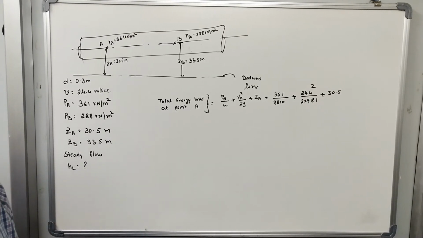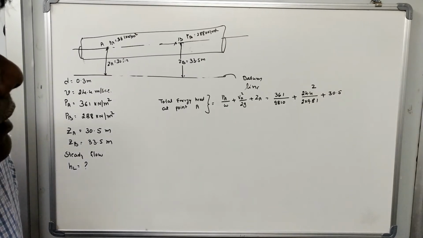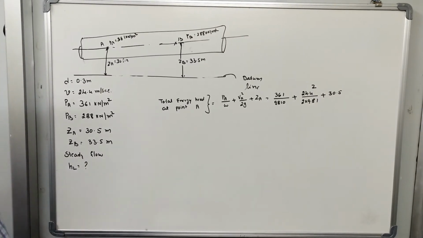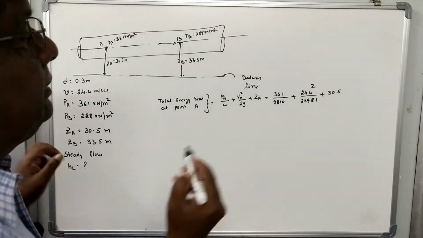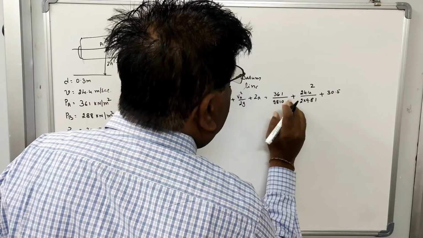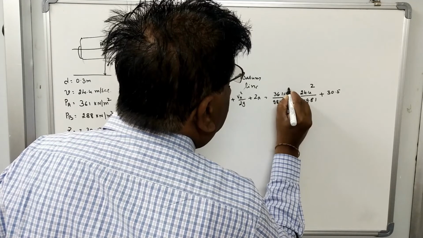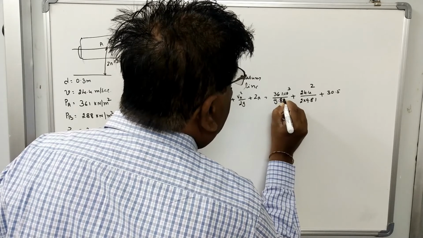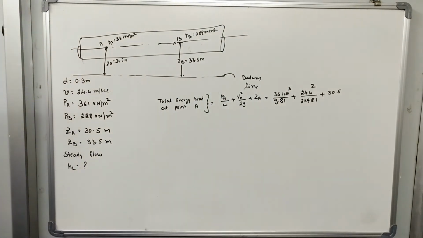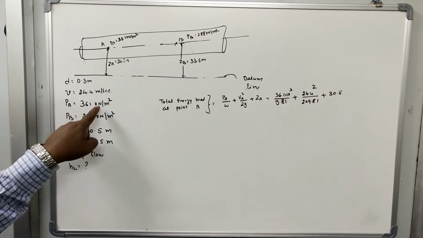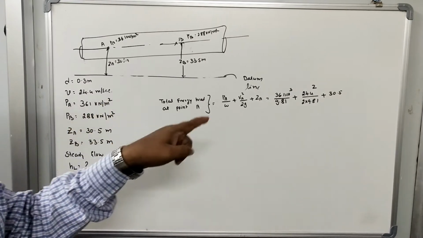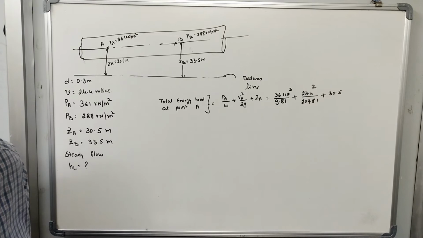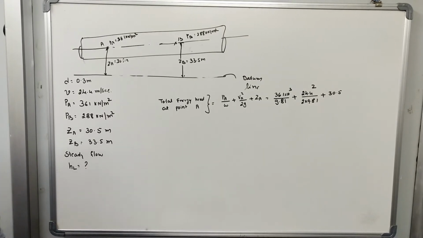Then the velocity head. 361 into 10 raised to 3, because it is in kilonewton, so multiply by 10 raised to 3, that gives you Newton per meter square.